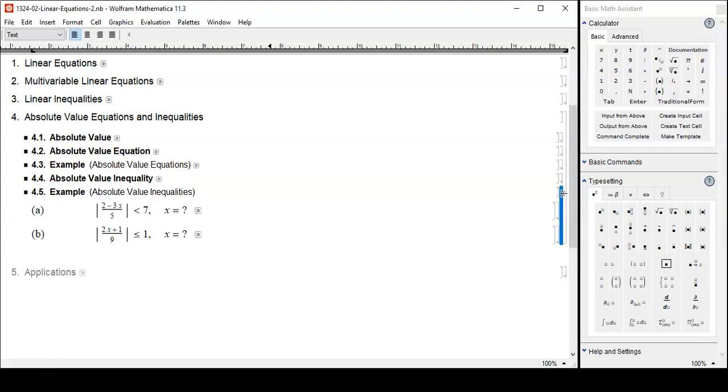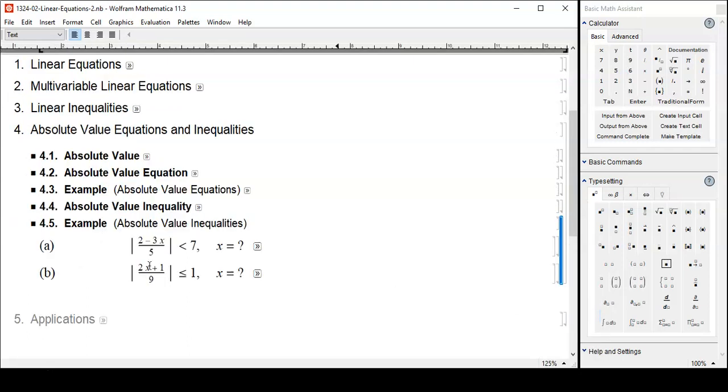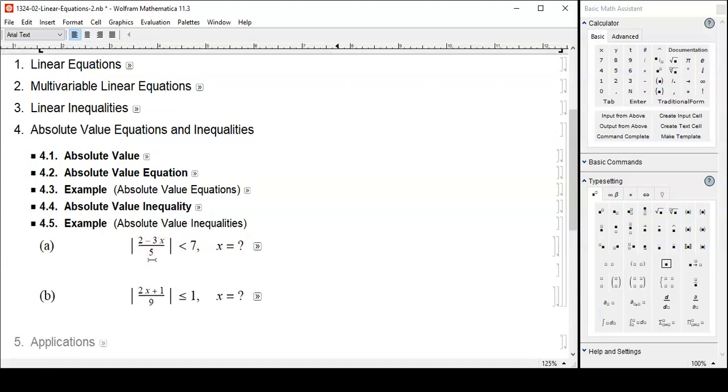Okay, here's an example. You're going to need a little bit bigger font. We have a fraction there.